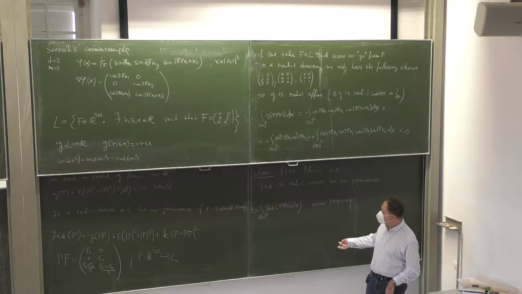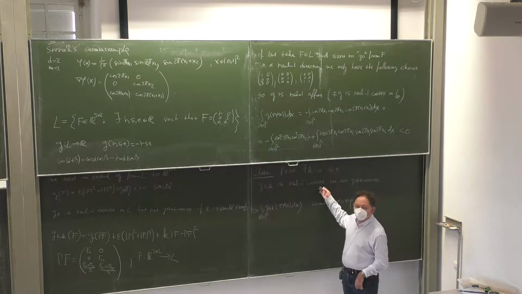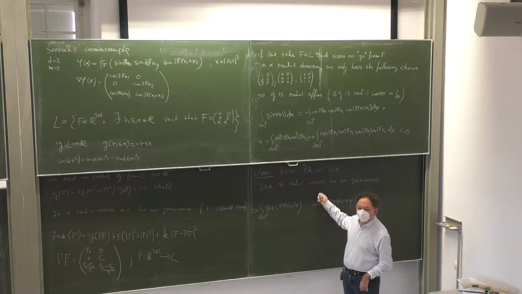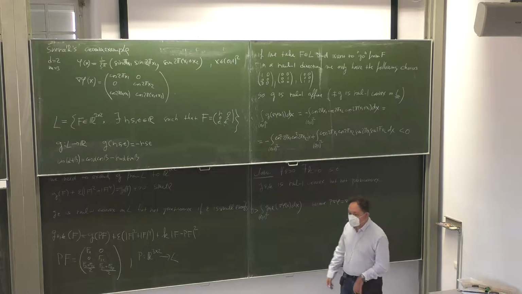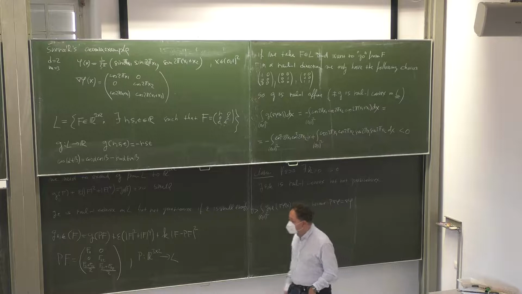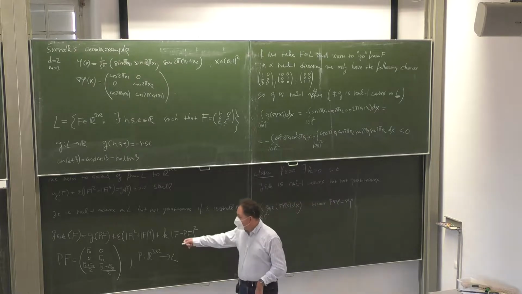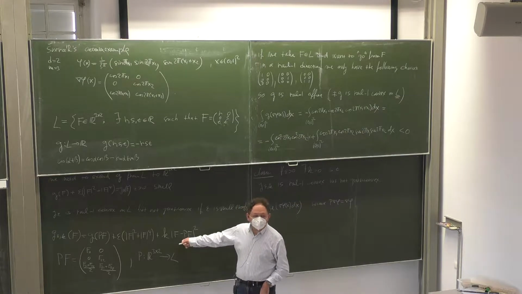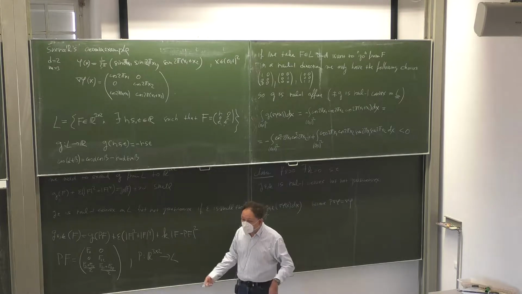So once you show that this is rank 1 convex, you are done. Now what you have to show is that it's rank 1 convex. If you look at it, this is a polynomial, called quartic because the highest power is 4.